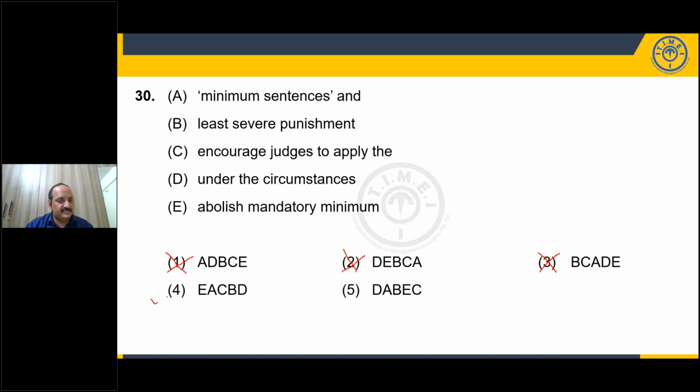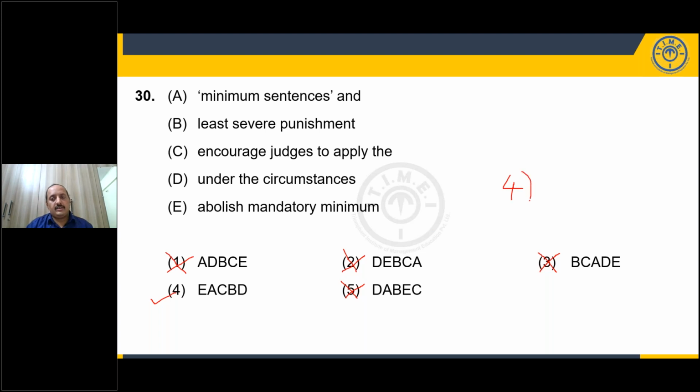So 4 does make sense. So E, A, C, B, D does seem logical. Let's check D, A, B, E, C also. Under the circumstances, minimum sentences and least severe punishment, abolish mandatory minimum, encourage judges. Doesn't make sense at all. So my answer is option number 4.